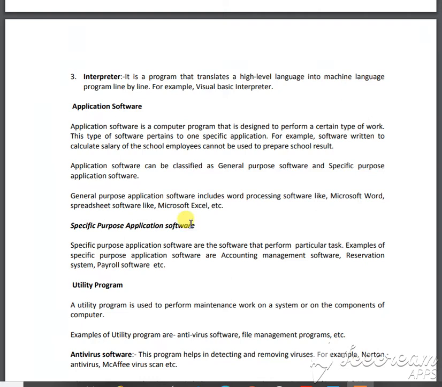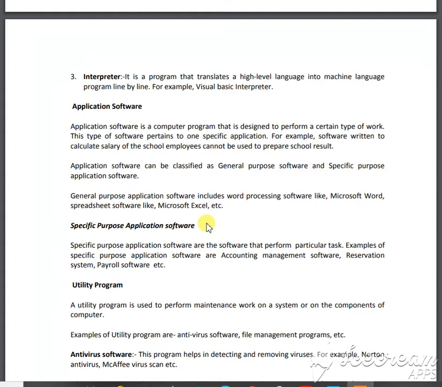But special purpose, suppose Tally, is a special purpose software, or those used for animation, like Maya. All these different types of software available are special purpose software.